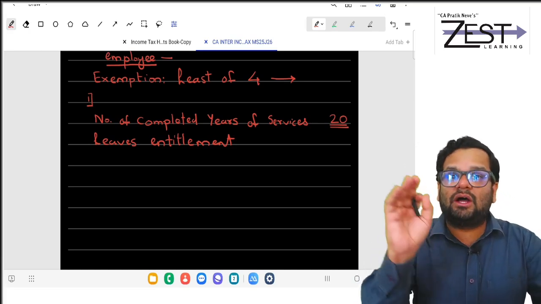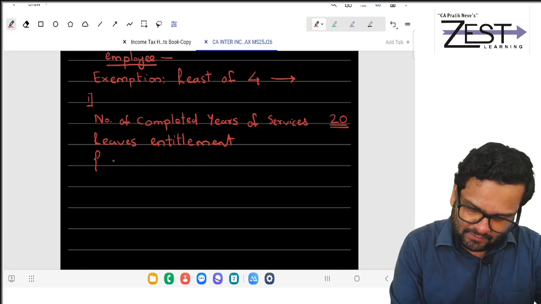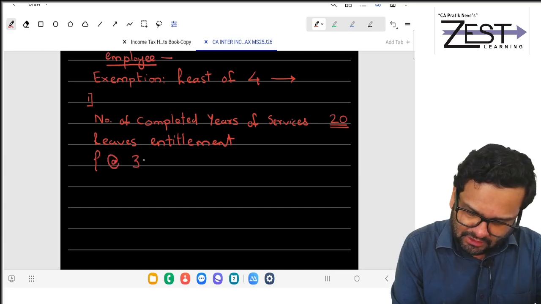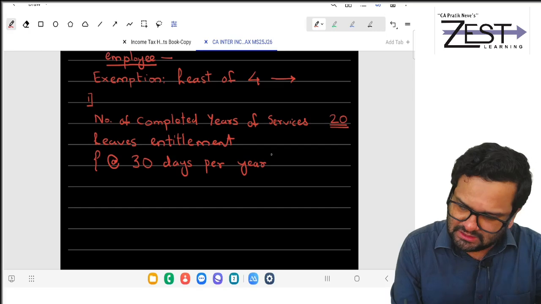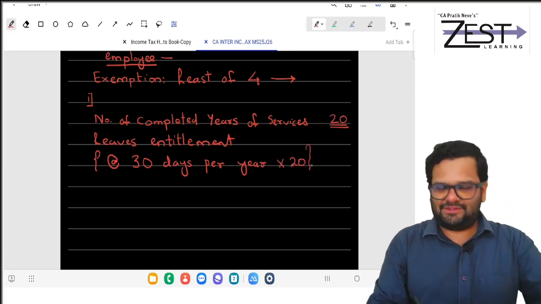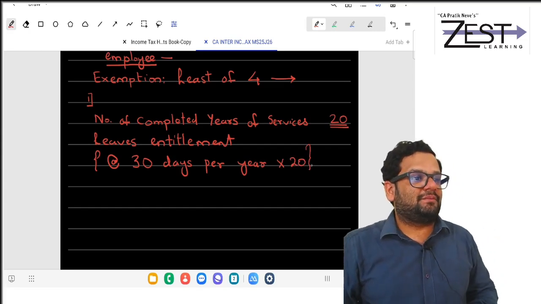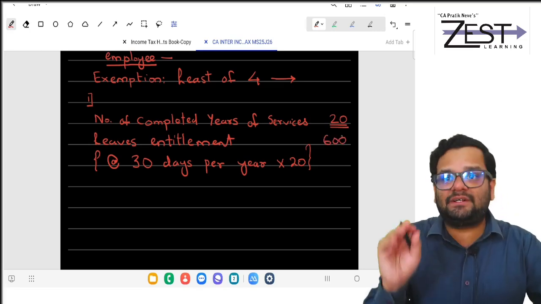So leave entitlement is 30 days per year multiplied by 20 years. So what is leave entitlement? 600 days.